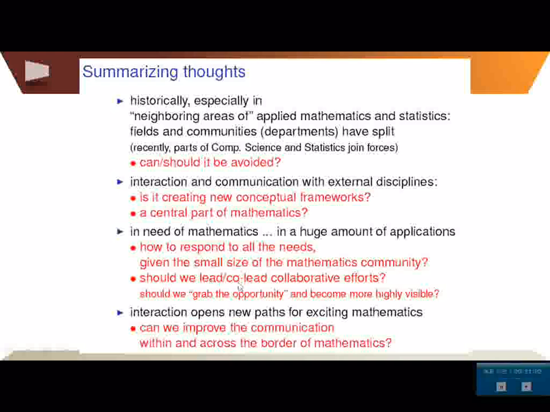Should we lead or co-lead collaborative efforts in these applications? And can we improve the communications within and across the border of mathematics? Okay, these are the things that we have to find answers to, and we have to try.